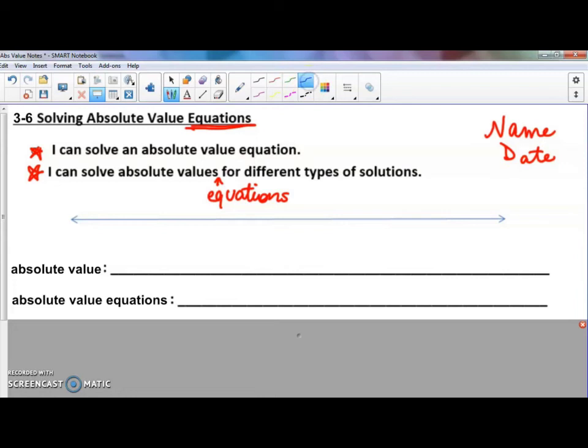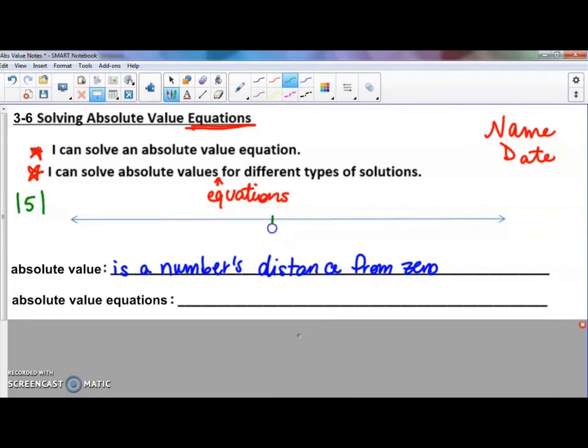So absolute value, I know something we've seen before, but just to remind ourselves, absolute value is a number's distance from 0. So if you think about absolute value being a number's distance from 0, think back to the absolute value of 5.